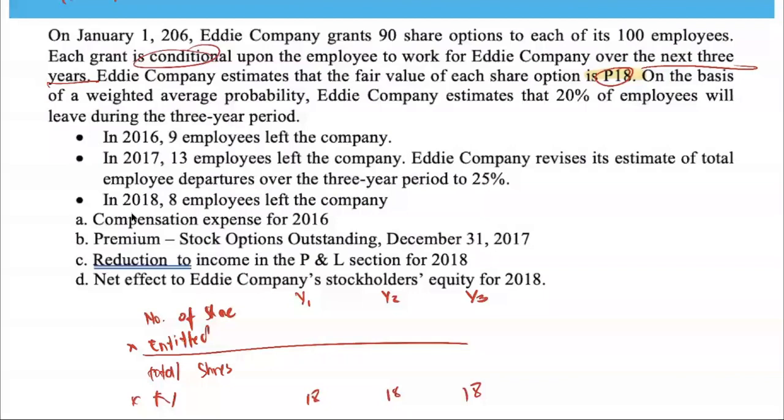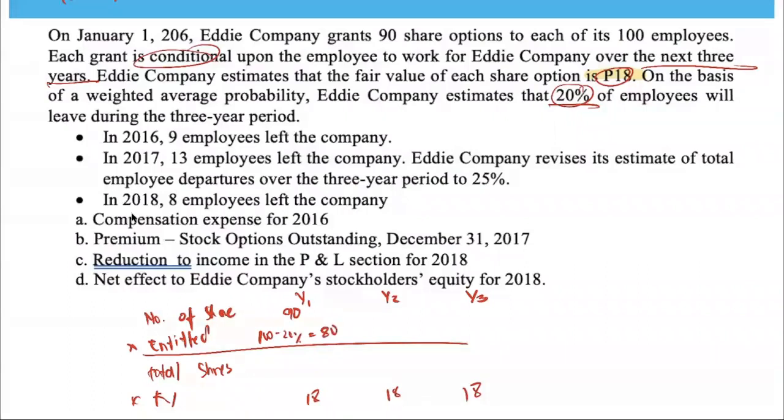Next, the weighted probability is that 20% of the employees will leave during the 3-year period. So let's compute. For year one, the number of shares is 90 share options. It's 100 employees, however, 20% will leave. So our first estimate is 100 less 20%, so we have here 80.